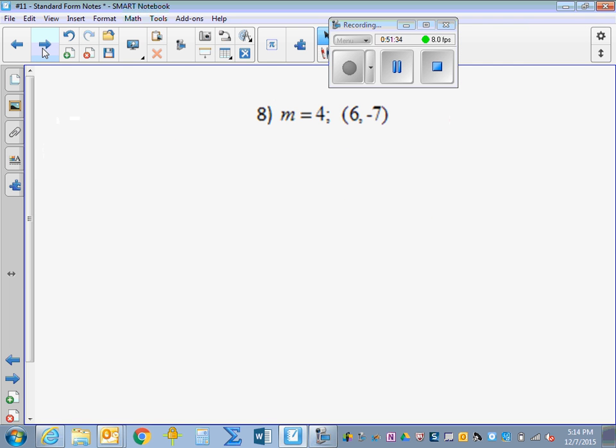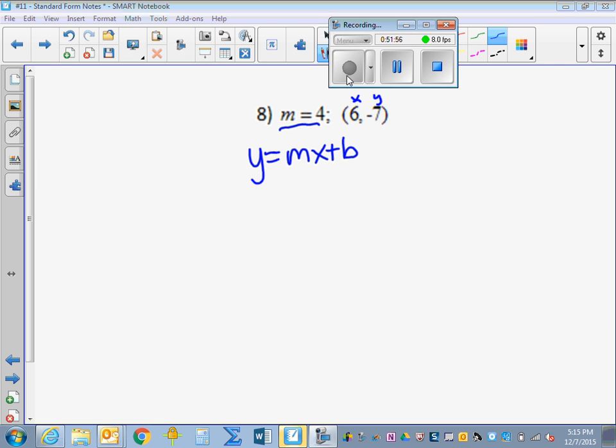All right, number 8 says to write the equation again in standard form. We have some information given to us: our slope, and a point, x and y. Our previous form that we knew was y equals mx plus b. So let's take the information we have and substitute it in.